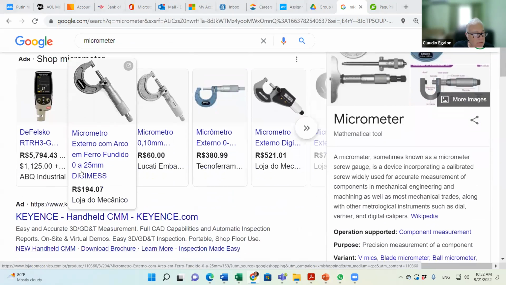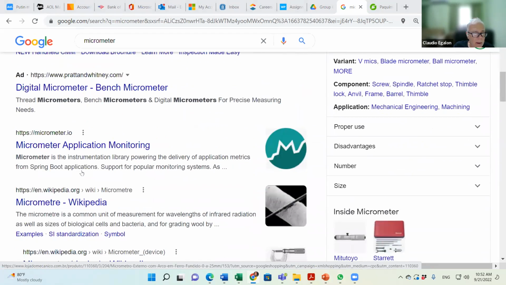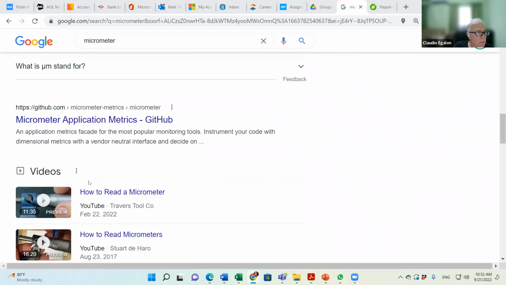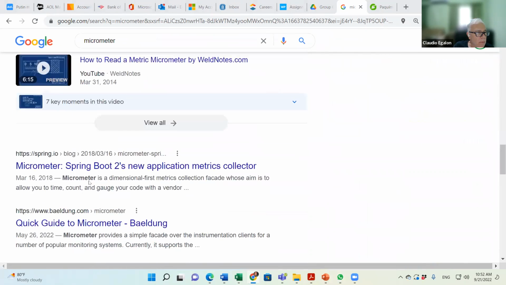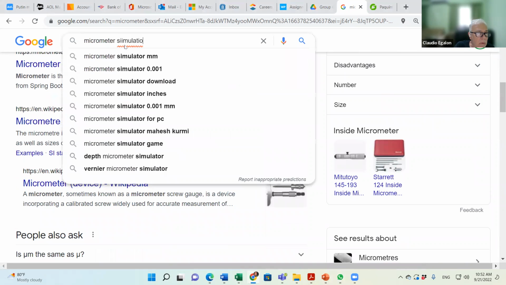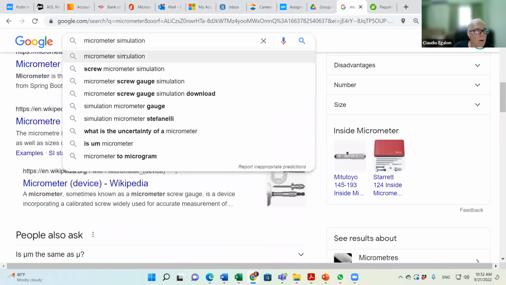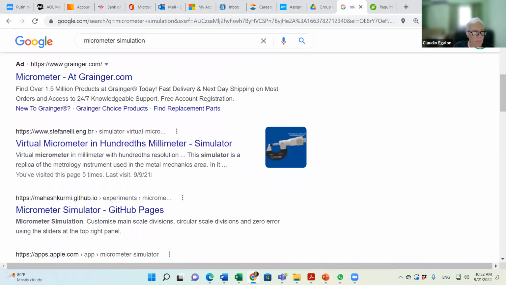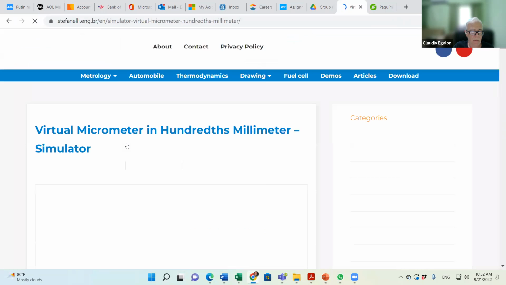And we even have a simulation of a micrometer that I can show to you. Micrometer simulation. Okay, let's see here. Virtual micrometer, hundredths of millimeters. Here you go, this one here.